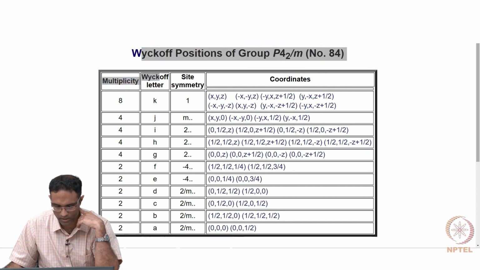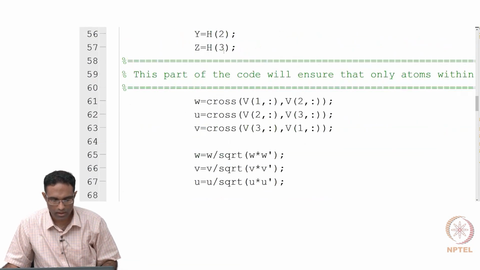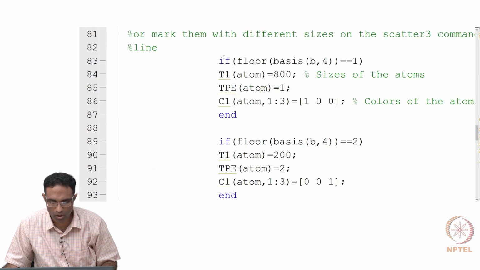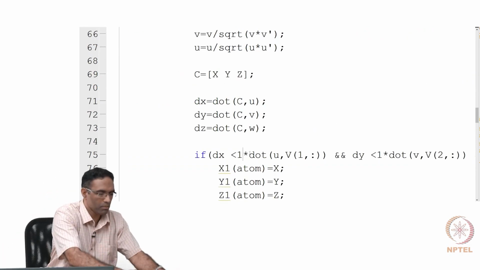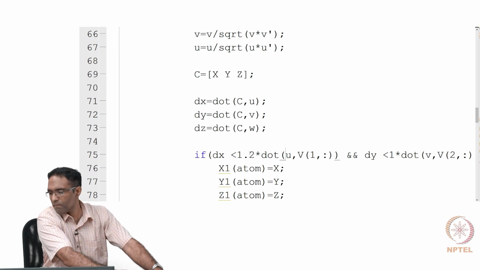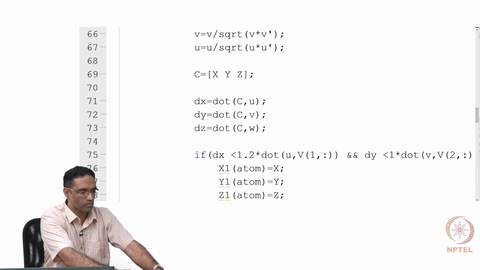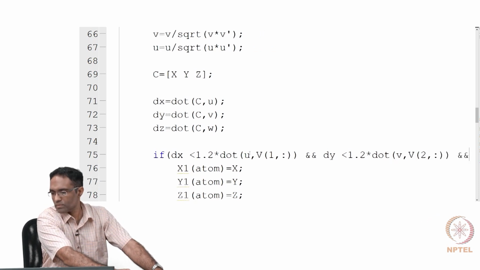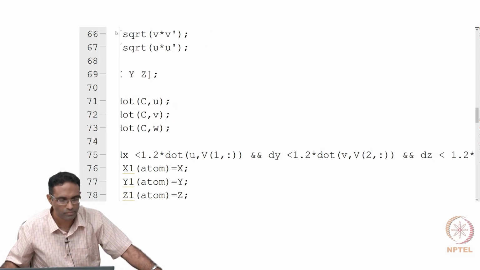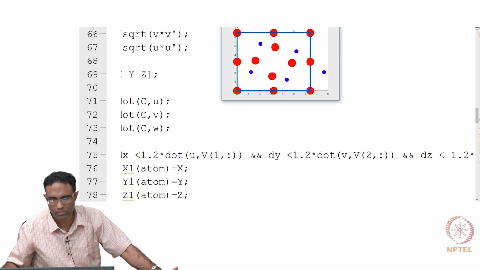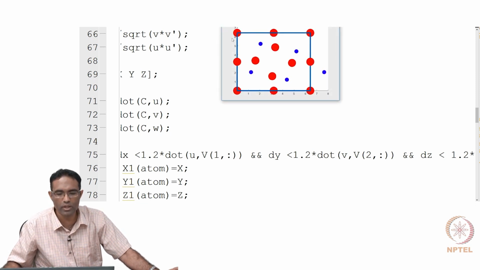Now we can of course extend this a little bit. Like I showed you, you can actually print all the atoms that's a little bit more than one unit cell, maybe by saying 1.2. Now a little bit more than one unit cell is being printed.